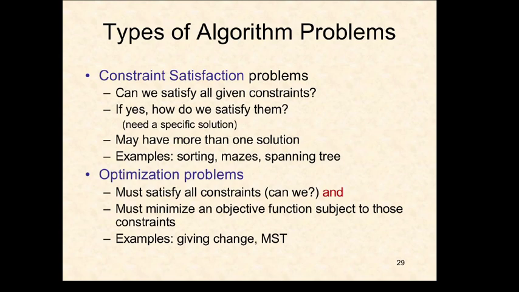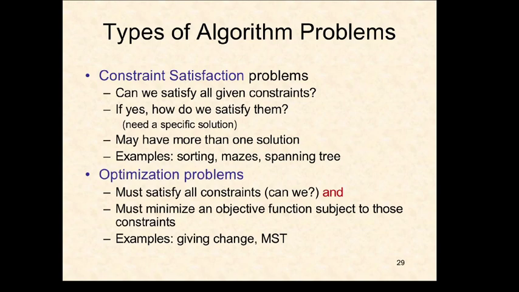Okay, so up until now, we've actually talked about two different types of problems that were solved by different algorithm families. We didn't mention their types, but now we need to before we talk about the next few algorithm families. Some of the problems that we want to solve are what are called constraint satisfaction problems.